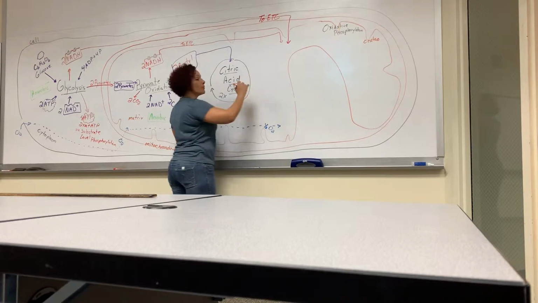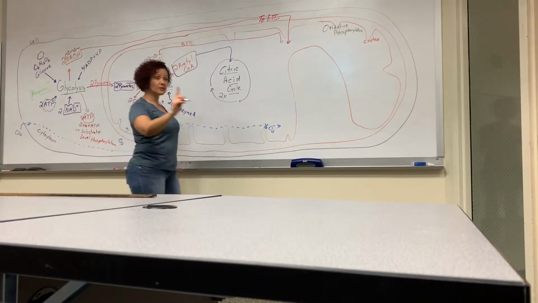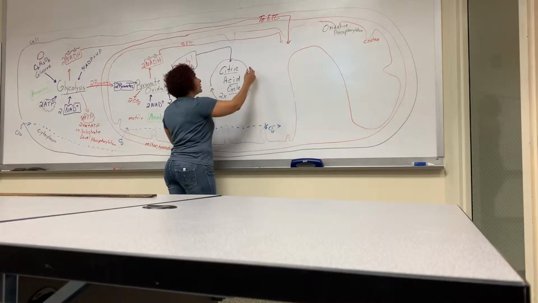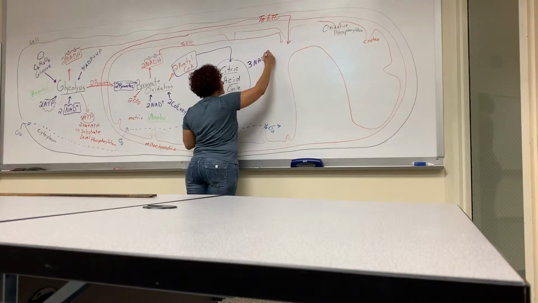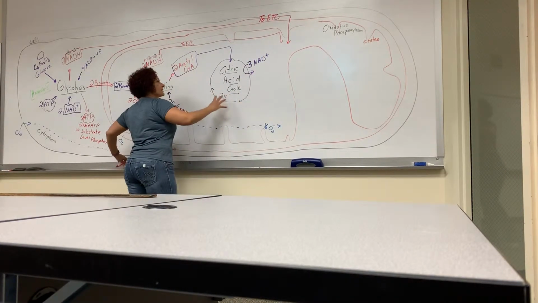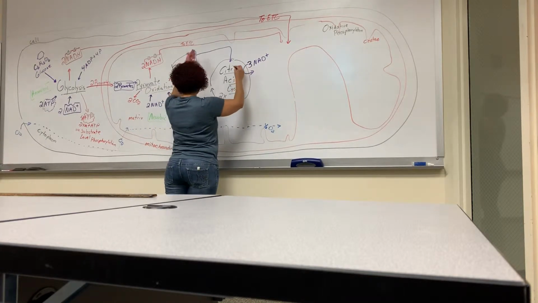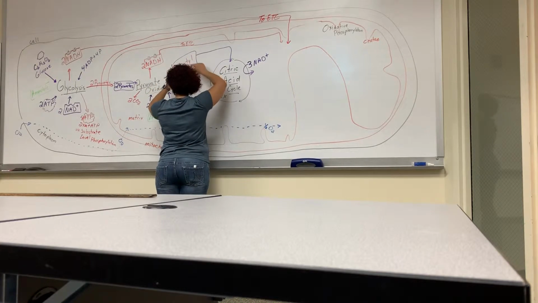Before you commit to this, if you're writing in pen, don't write this down yet. Let me finish it, and then I'll tell you when you can write it down. You have 3 NAD pluses going in. The reason why they go in is they're going to take electrons from this high energy molecule, because it's still carrying high energy electrons.